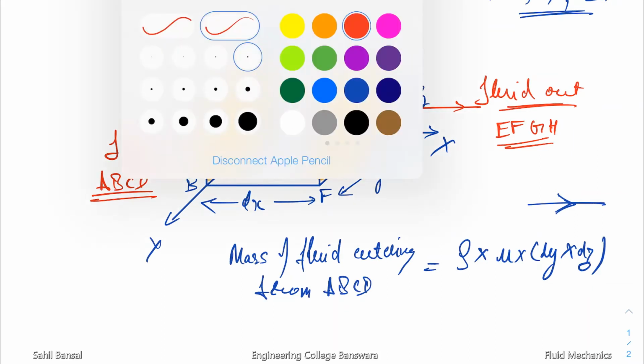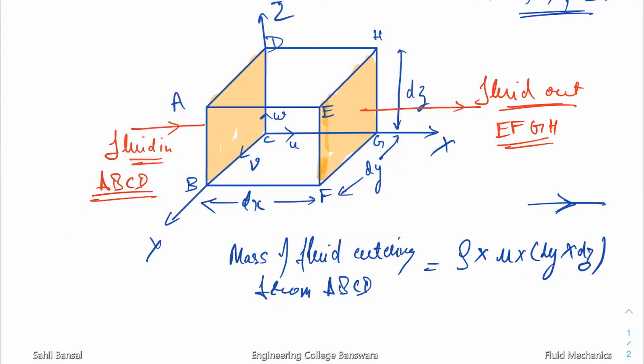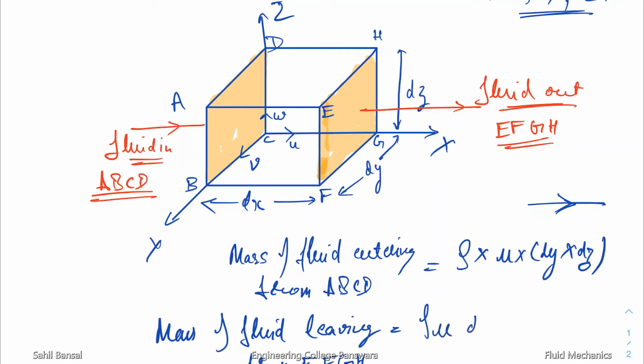Now we will write the mass of fluid leaving from which face? From EFGH. What will it be? It will be rho u dy dz plus d by dx of this same element, that is rho u dy dz.